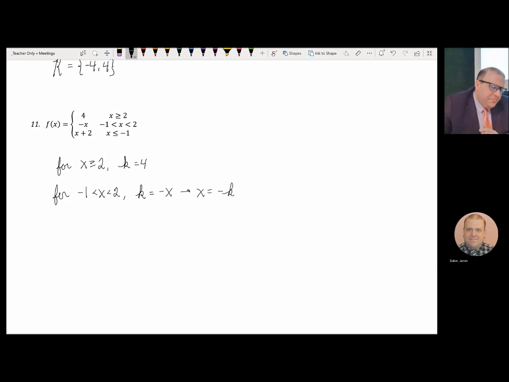How would x be negative? Because it's negative x, so you're solving for x. Now remember, just because it's negative k doesn't necessarily mean it's negative. Negative times negative is positive. All it says is whatever value k is, you're multiplying by -1.